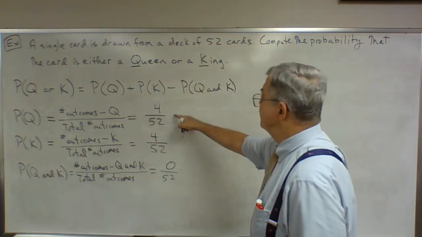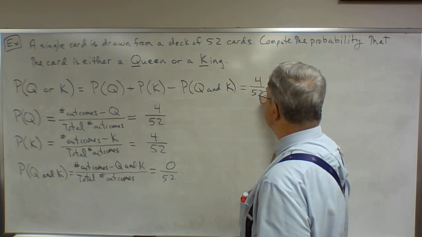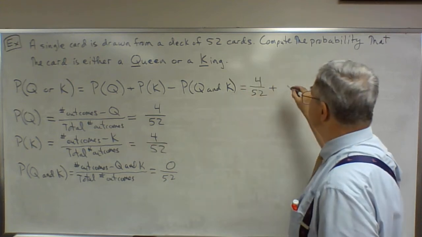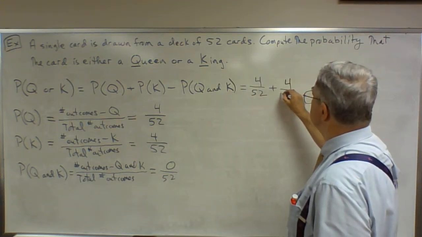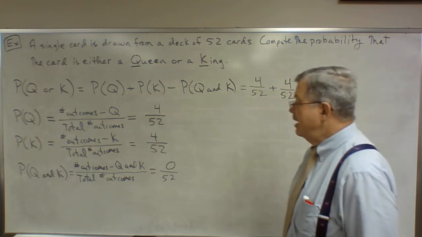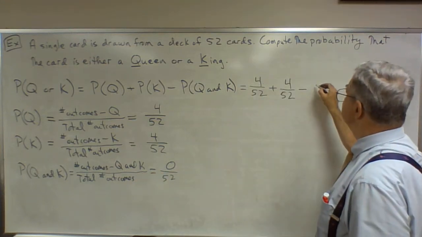Probability of a queen, 4 over 52. Probability of a king, 4 over 52. Probability of both a queen and a king, 0 over 52.